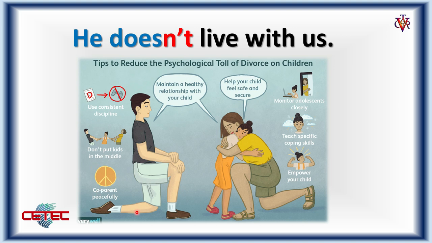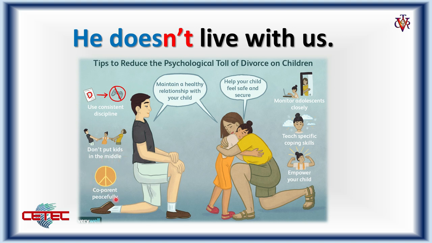Now, in this text, you will be able to understand some tips. Tips to reduce the psychological toll of divorce on children. Use consistent discipline. Don't put kids in the middle.